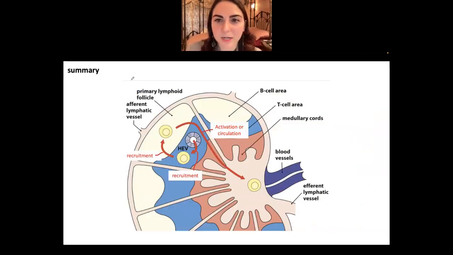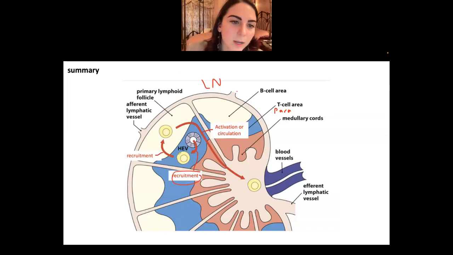So this is what I just mentioned, but we're drawing the anatomy back into it. So remember the B cell is going to enter through the high endothelial venule. This is a lymph node. So it's going to enter through the high endothelial venule. We're in the paracortex. Remember the T cell zone. So this is your paracortex. And then from here, depending on the cytokines that are being released, it's going to be recruited. It can be recruited here.